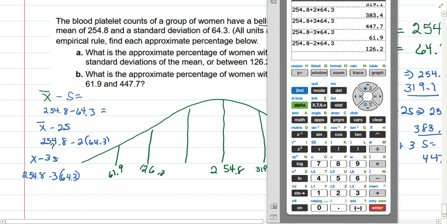And then I'm going to do 254.8 minus 64.3, and I'm going to get 190.5.